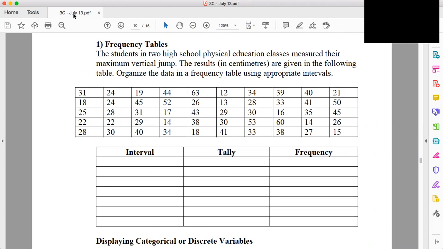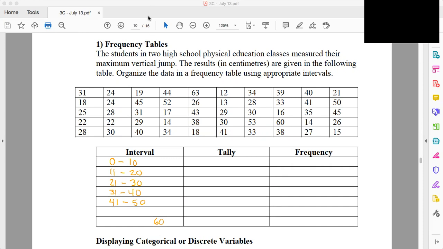Okay, so we can assume that our lowest amount is going to be 0. And then if we look around, our highest would be like 60. I don't think we see any 65 or anything like that. So our very last one is going to have to be 60. So I think it's best to jump by tens as our intervals. So 10, and then we would do 11 to 20, 21 to 30, 31 to 40, 41 to 50.